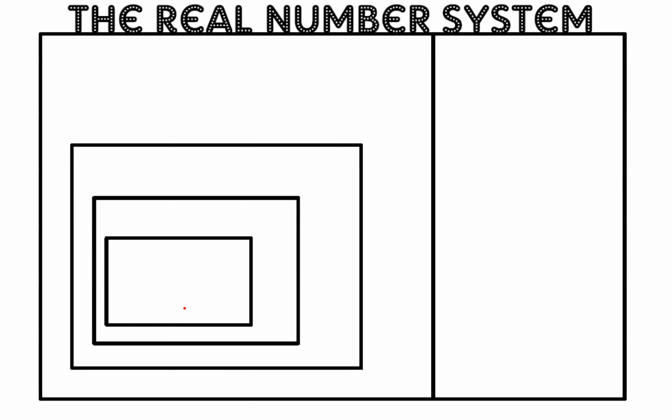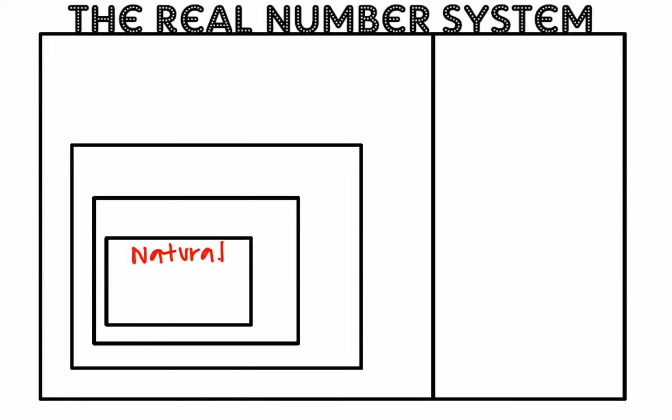All right, so the first one that you need to know is called natural numbers. Now the way for you to remember this, ask yourself, what are the numbers that you naturally learn when you're little?